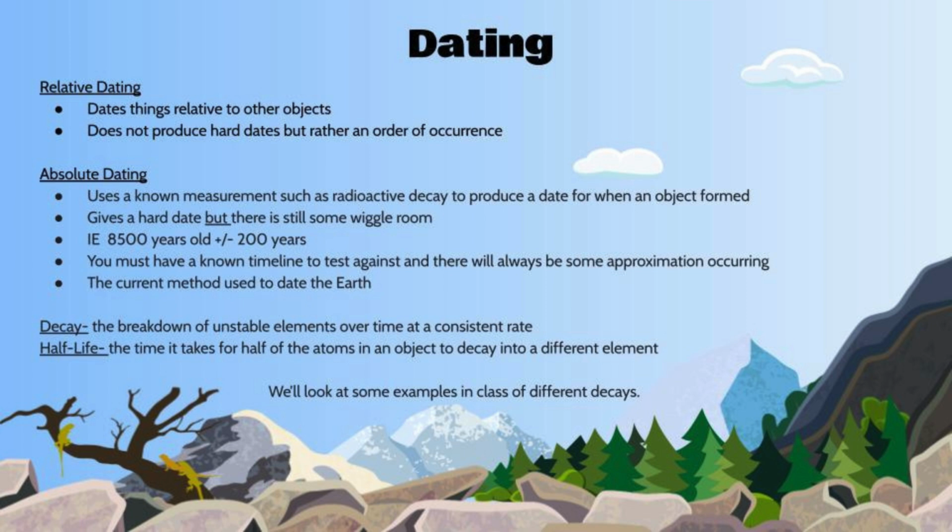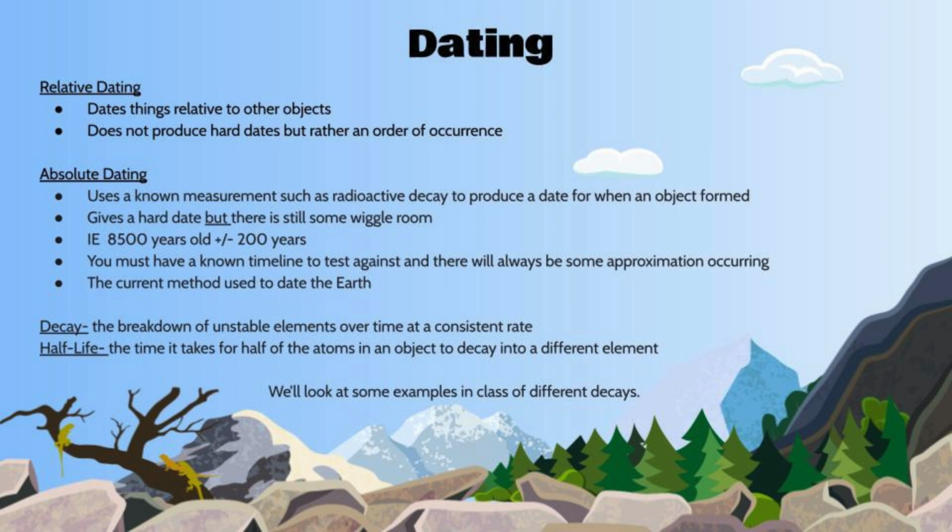For absolute dating, we use a known measurement, such as radioactive decay, to produce a date for when an object is formed. And again, we're not going to go into super deep understanding here. That's very physics and chemistry based. But to give you an idea, certain elements are unstable. And as they break down, they do so at a consistent rate.